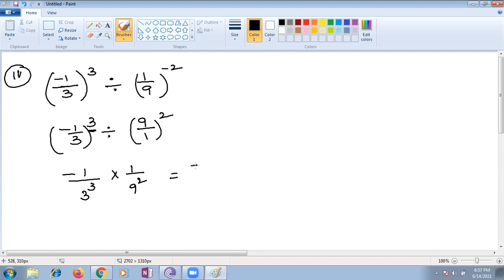Together, 9 square can be written as 3 square whole square, which means 3 power 4. So this can be written as 3 power 3 into 3 power 4. Since both bases are the same, we can take it as 3 power 7.